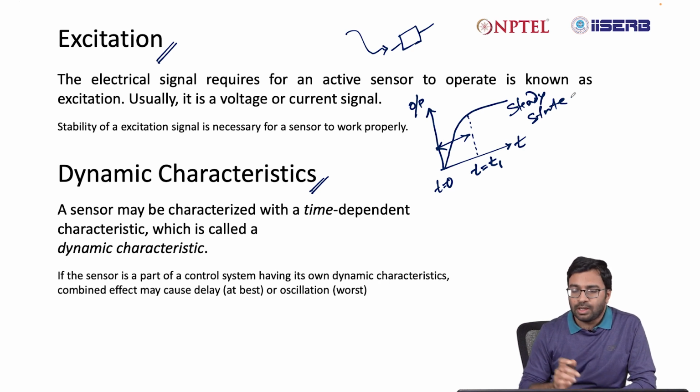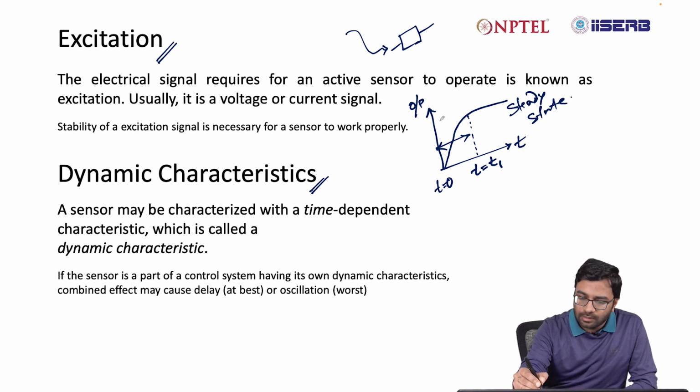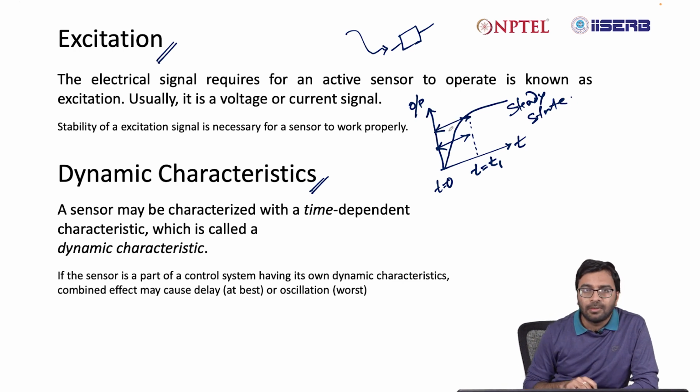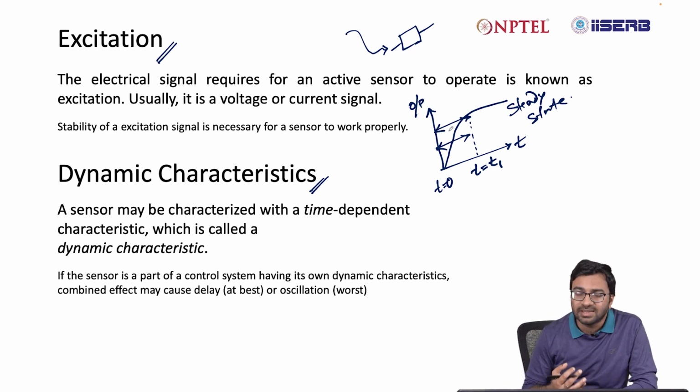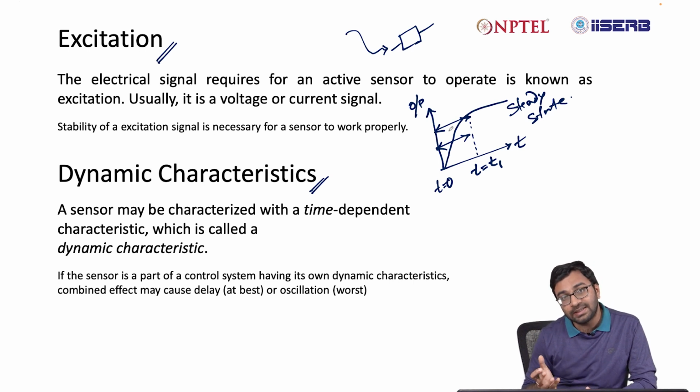Usually this timeline is in, say, microseconds, sometimes in milliseconds. This can also be in seconds. It depends on the sensor or device that is under consideration. But we also need to understand these characteristics to operate a sensor properly.